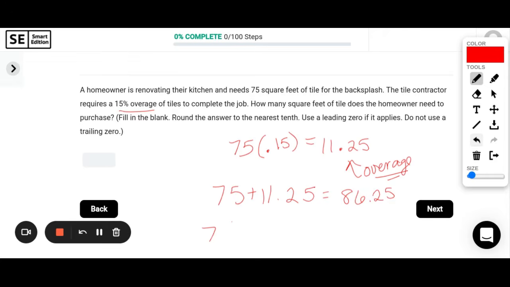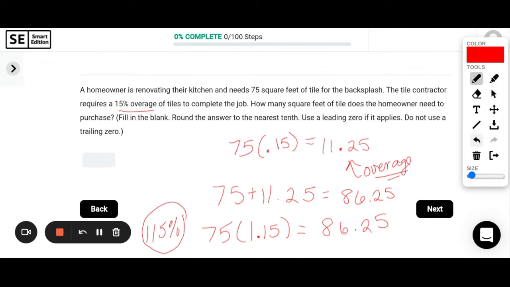I could also just take 75 and do this all in one step by multiplying it by 1.15, because if I need the 75 plus 15% more, that means I need 115% of the material. Then you can turn that into a decimal and multiply that the same way, and you will get the exact same answer.